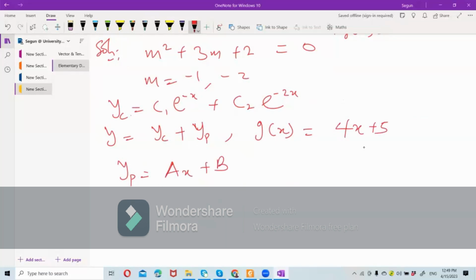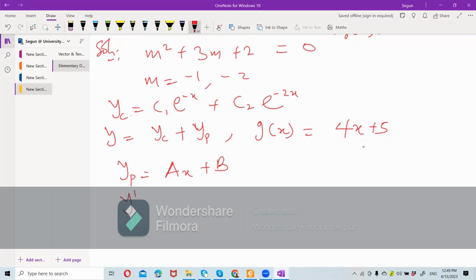Plus b. It's a universal way of writing this. If you check some textbooks, they will put it as alpha x plus beta. It's still the same thing, just to represent linear and constant.